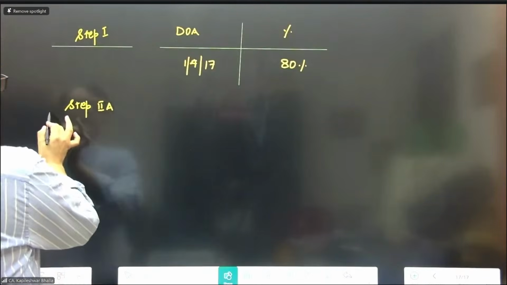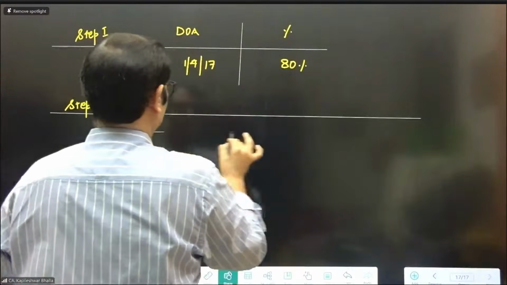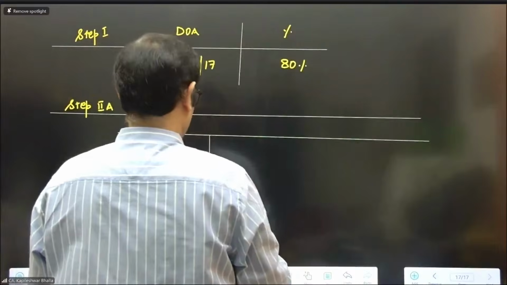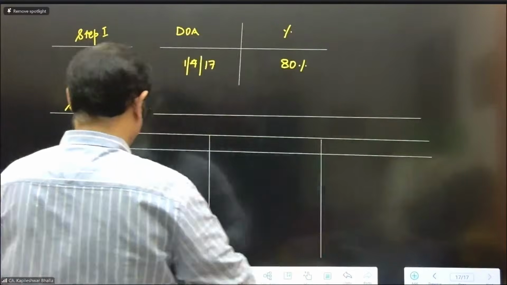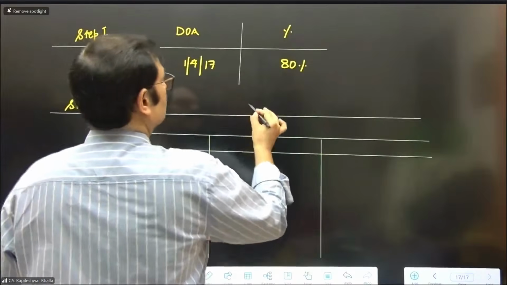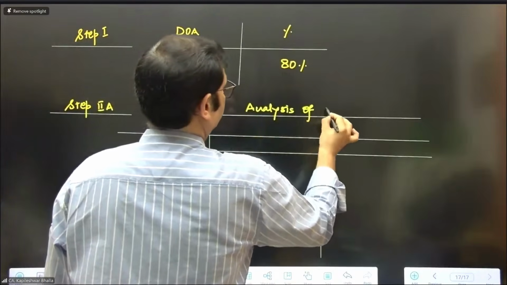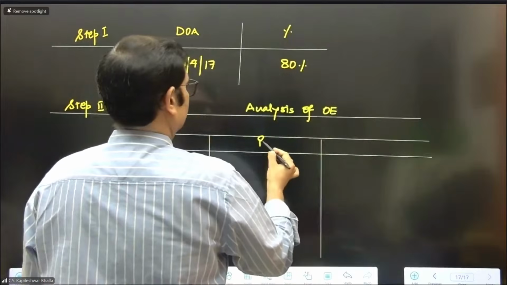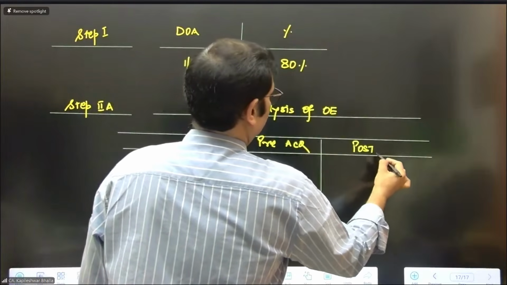So we need 2 sub-steps in step number 2. We'll just make the regular chart for the analysis of other equity. So this is the analysis of other equity, taking a pre-acquisition and a post-acquisition.